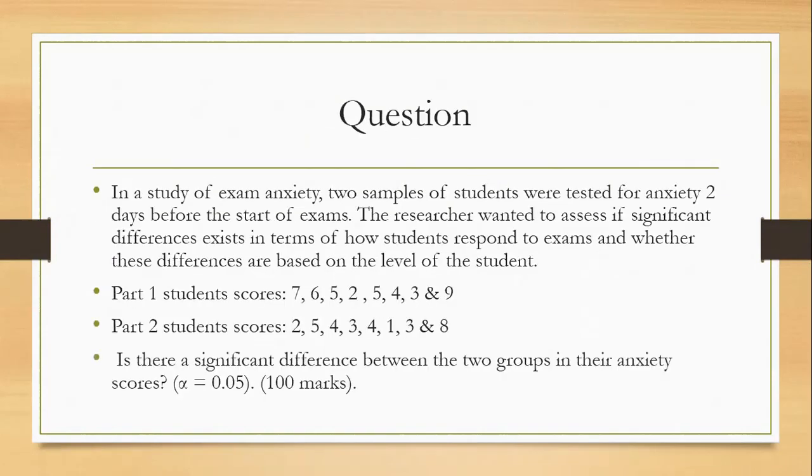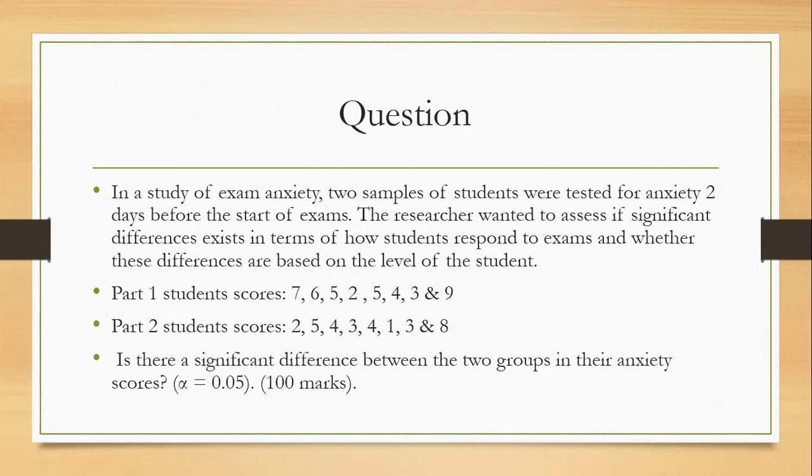We'll look at an example or a case that we are going to use to try to understand the independent samples t-test. Now, the question is that in a study of exam anxiety, two samples of students were tested for anxiety 2 days before the start of exams.